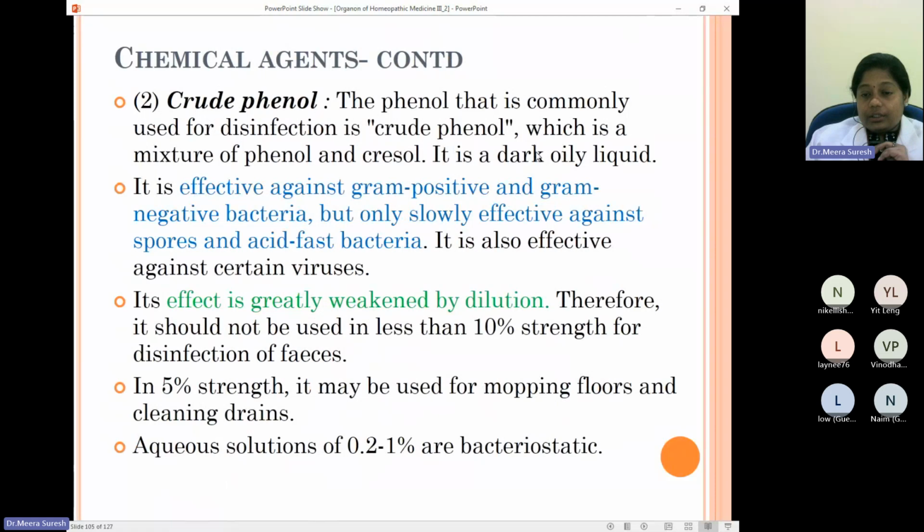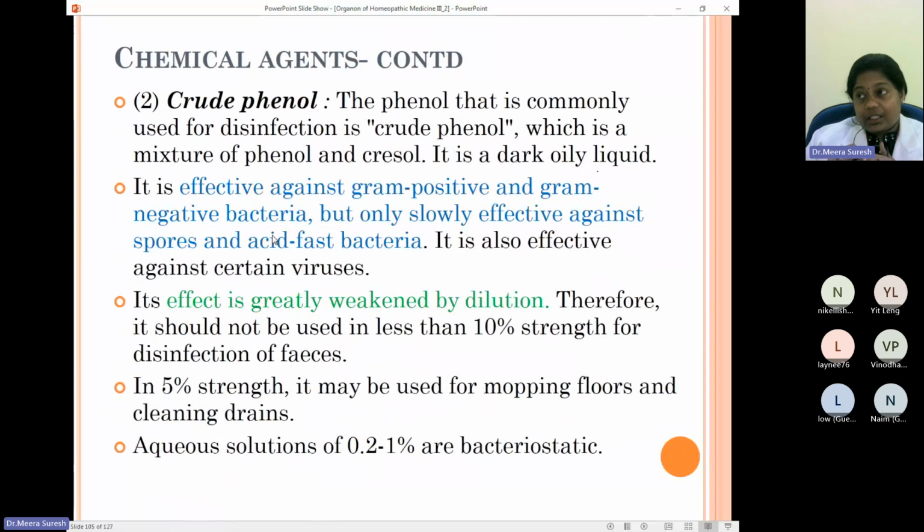So this crude phenol is a dark oily liquid. It is effective against gram-positive and gram-negative bacteria, but very slowly effective against spores and acid-fast bacteria. Acid-fast bacteria, the two mycobacteria, Mycobacterium leprae and also Mycobacterium tuberculosis.